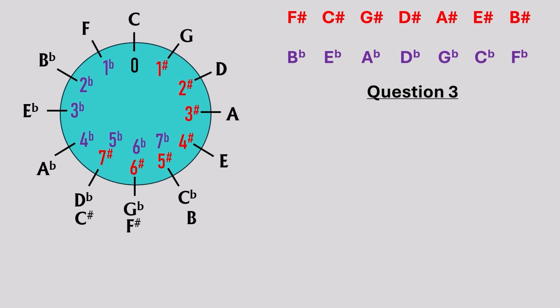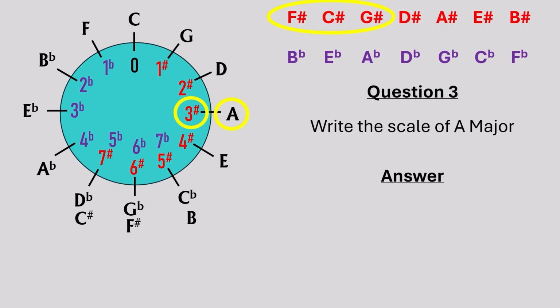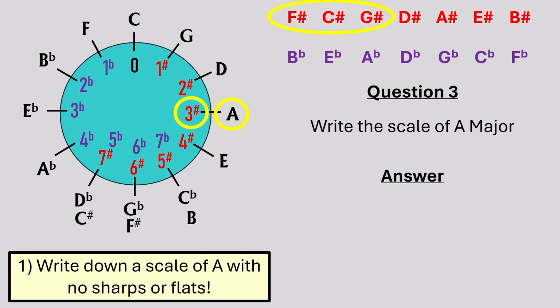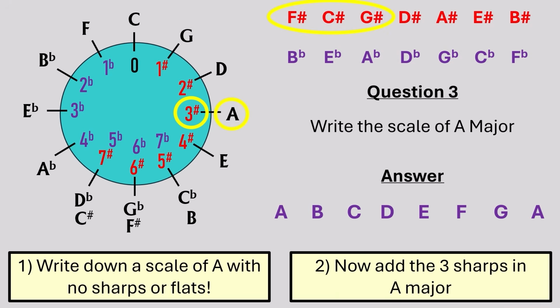Question 3. Write the scale of A major. First, write down a scale of A with no sharps or flats. And then add the 3 sharps in A major.